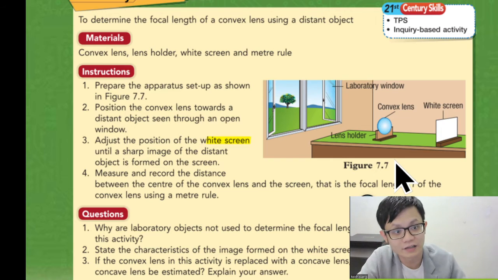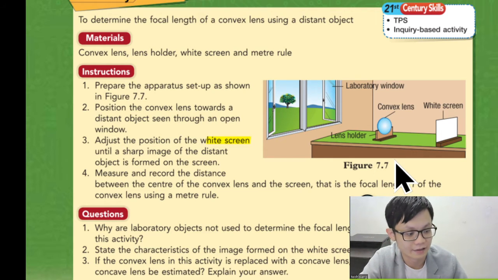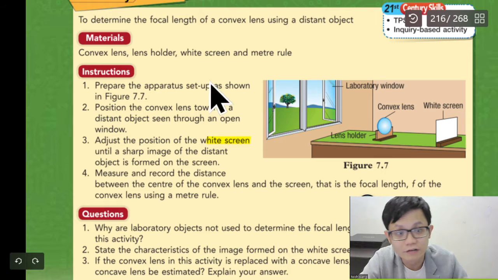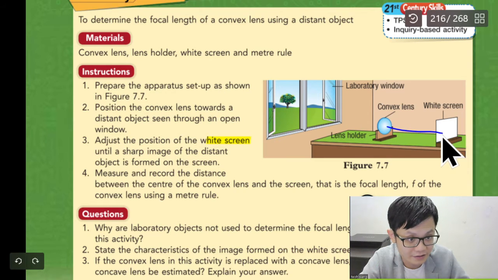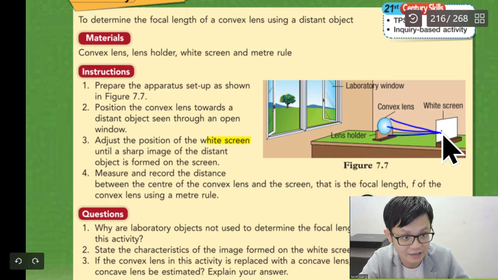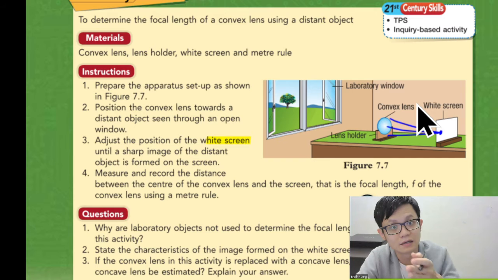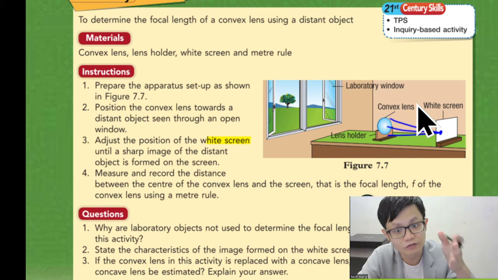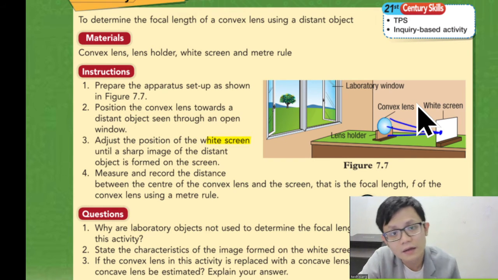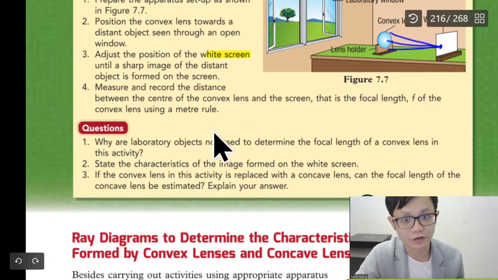So when the light focuses at one spot, we know that it is the focal length, correct or not? Like here, the light all focuses at one spot. For example, if you bring it too near, the image becomes blur. You bring it to behind, you need to bring it to the image that is most accurate.